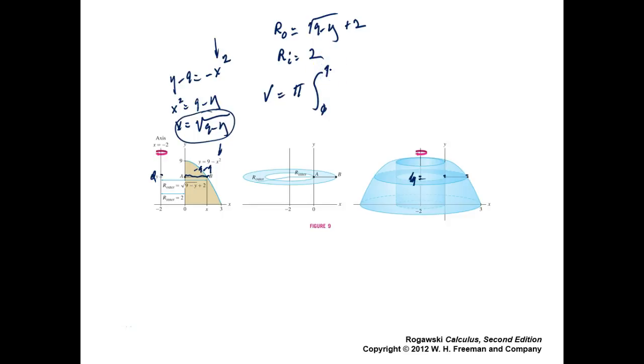Okay, 0 to 9. And your outer radius, you're going to square it, because you need to square that. What is that thing squared? Want to do it up here? We can. 9 minus y plus 4. I'll buy that. Is that all?